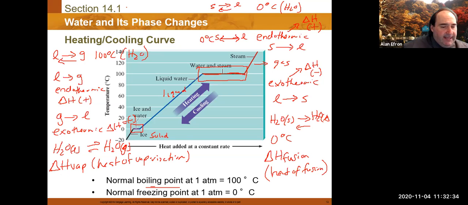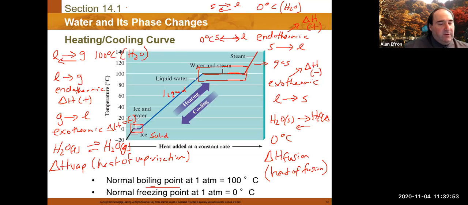That is the energy required to take a substance from the liquid state to the gas state. Again, not changing the temperature, just solely changing the state of the substance, or backwards, going from gas back to liquid. Again, for water at 100 degrees Celsius, that is where that would occur.